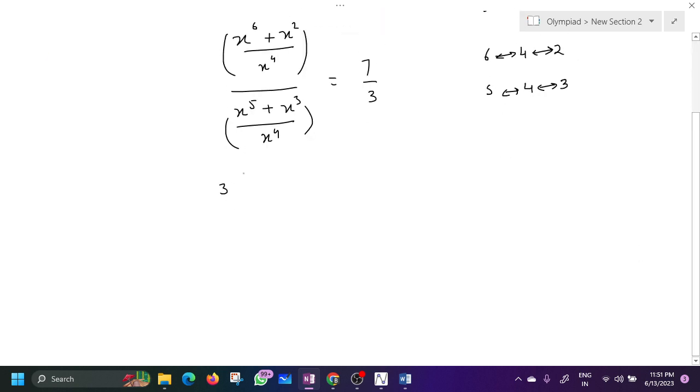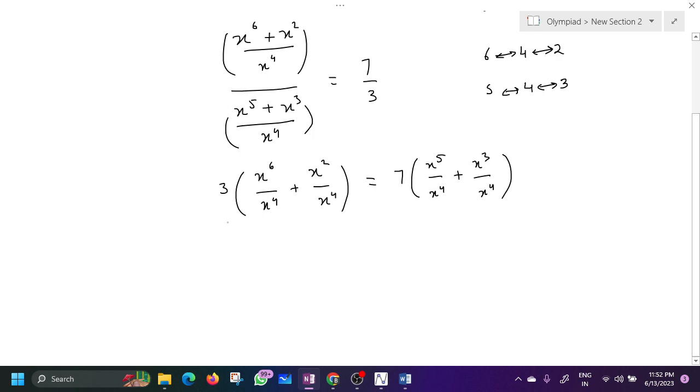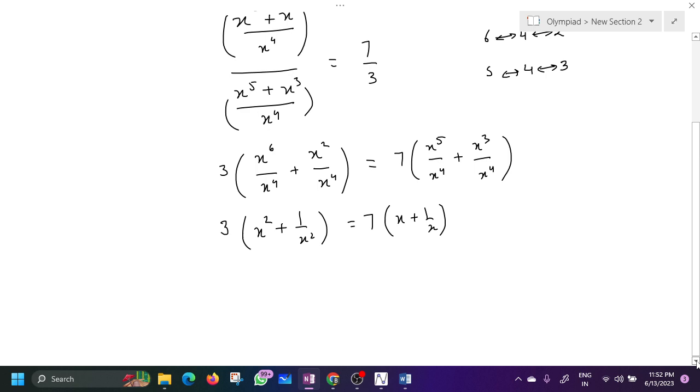You will get 3 times x power 6 by x power 4 plus x power 2 by x power 4, and on this side 7 times x power 5 by x power 4 plus x power 3 by x power 4. So now you are getting 3 times x square plus 1 by x square is equal to 7 times x plus 1 by x. See now how nice the question is getting.